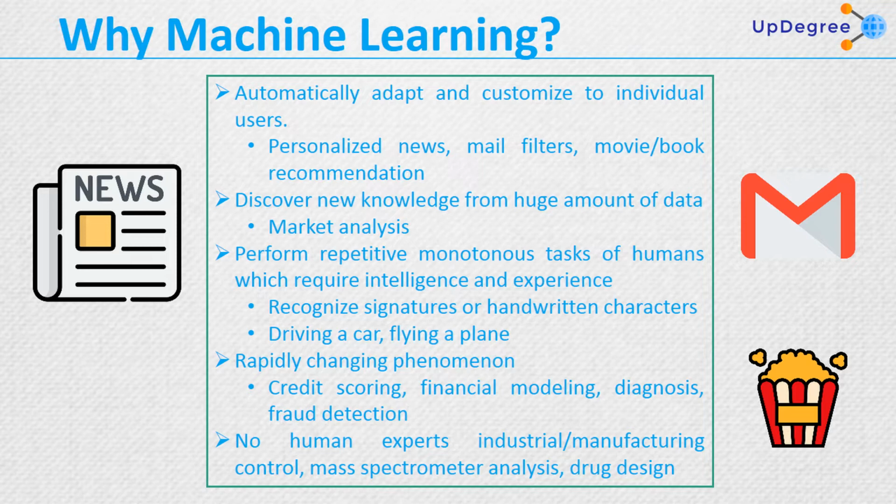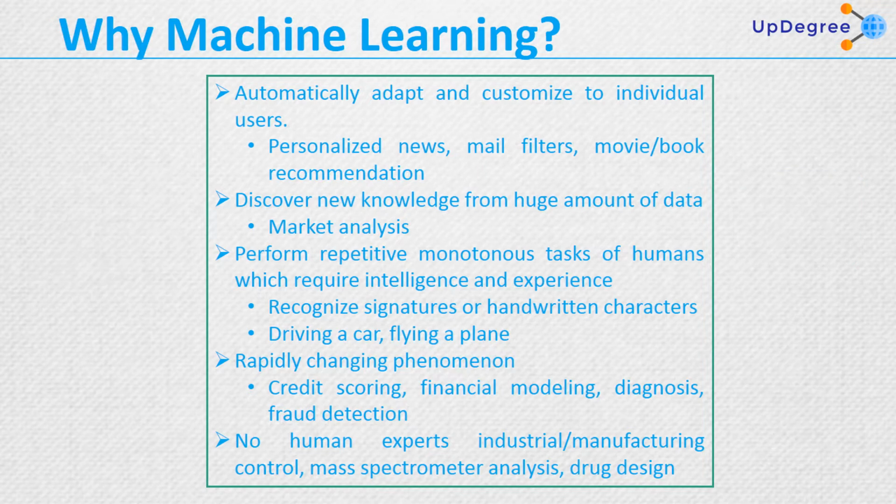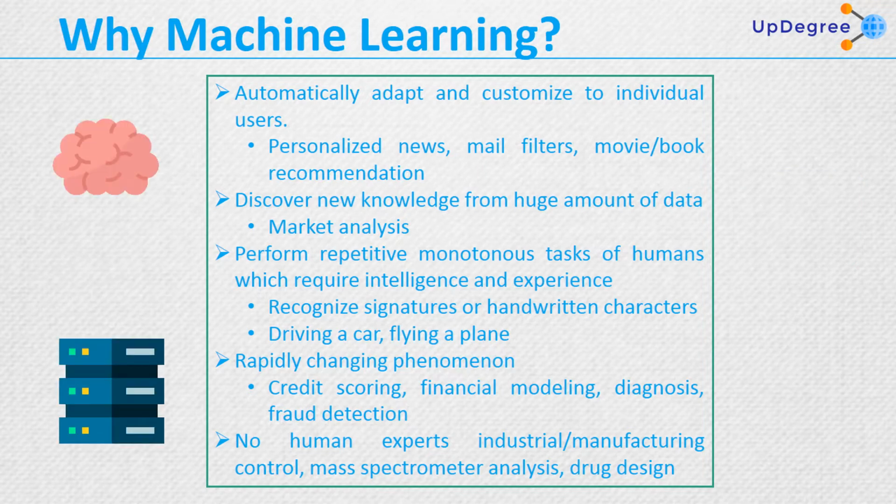So in this way we have personalized news, mail filters, and recommendations done by these machine learning models, and here it will automatically adapt and customize to individual users depending upon the features of the user concerned.